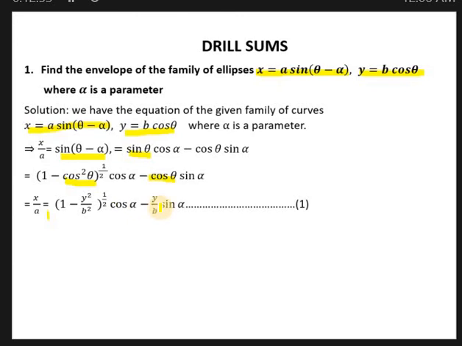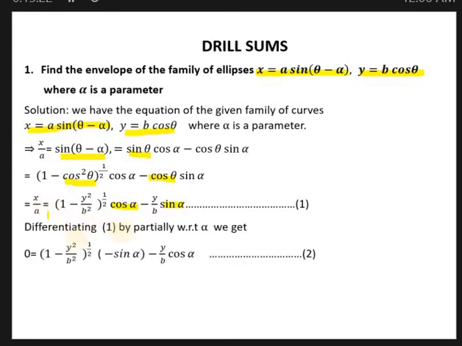So let us consider this equation as 1 and now differentiate this equation with respect to the parameter alpha. Now see, in this equation we have to differentiate only cos alpha and sin alpha, because partially when you differentiate with respect to alpha, y, b become constants. Even x is also constant.